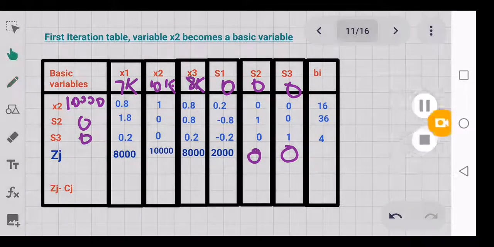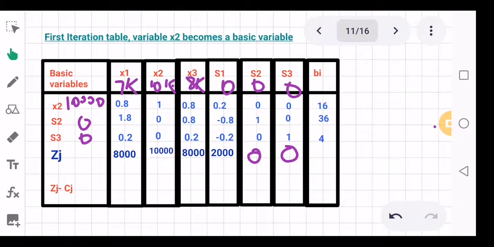Okay, so now we have this column left. Same thing we'll be doing. 10,000 into 16, you'll get 1,60,000, plus 0 into 36 is 0, plus 0 into 4 is 0.